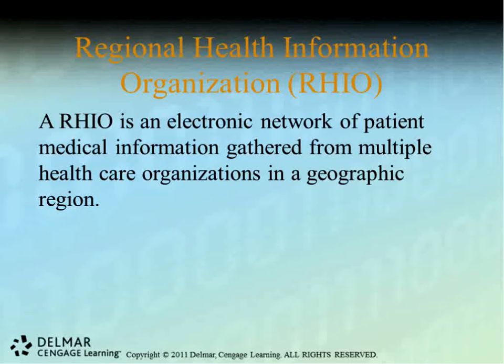They still have some challenges with some of these. We have one here called Big Bend RHIO. They have some challenges, but they're still working through those. It's a collaborative effort in which they are trying to improve information access for providers, which will ultimately improve the quality of patient care.